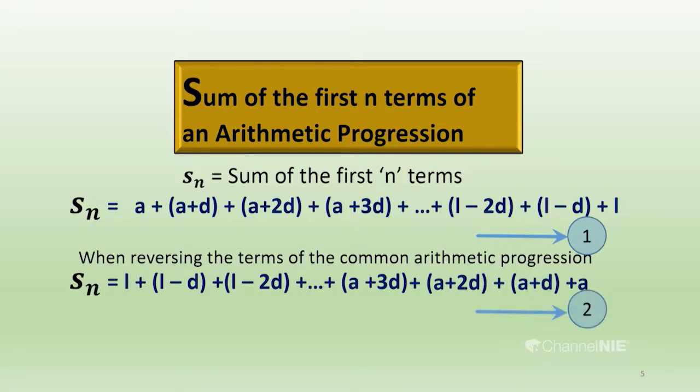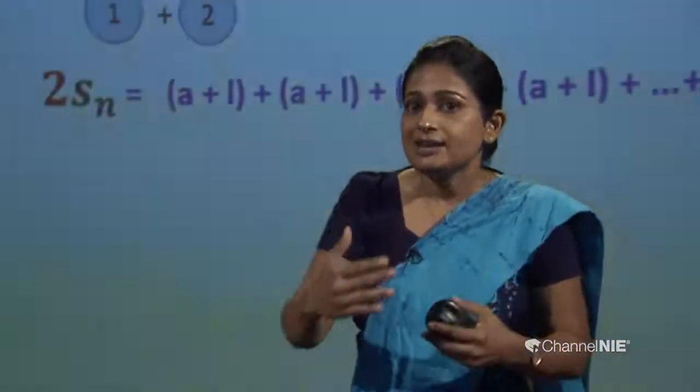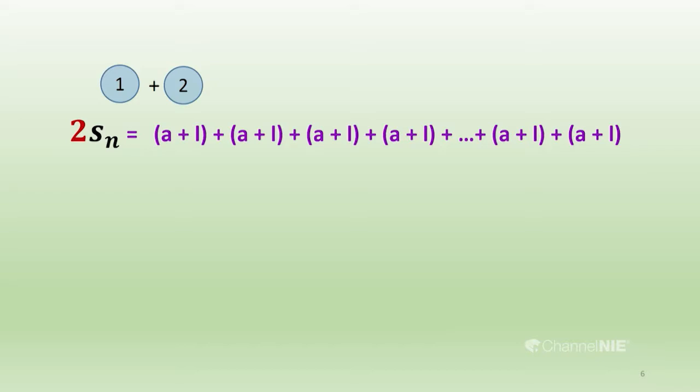Now I am going to build a formula to find the sum of the first n terms of an arithmetic progression. To do that, I use this method: I add the first equation and the second equation. On the left side we have Sn in both equations, so when we add them we get 2Sn.